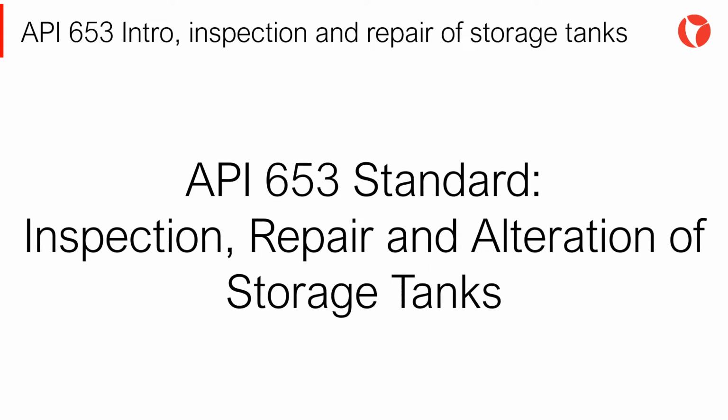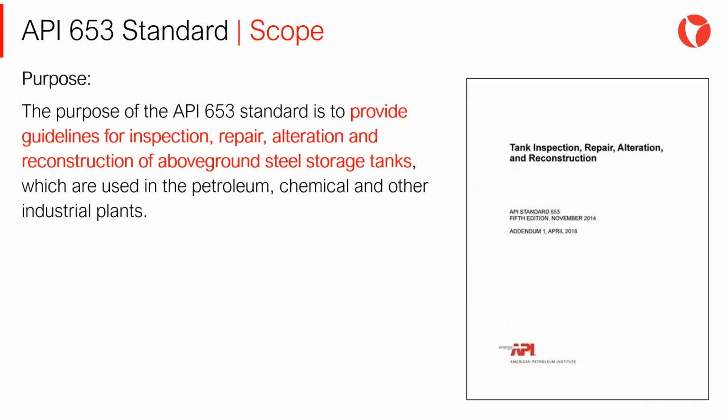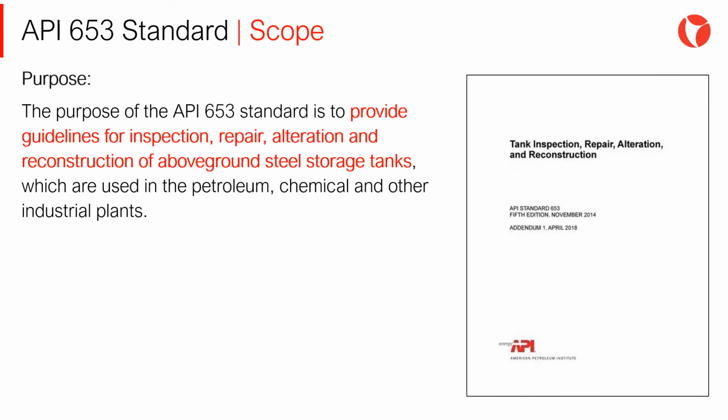Let's start introducing the API 653 standard, inspection, repair and alteration of storage tanks. The purpose of the API 653 standard is to provide guidelines for inspection, repair, alteration and reconstruction of above-ground steel storage tanks, which are used in the petroleum, chemical and other industries.